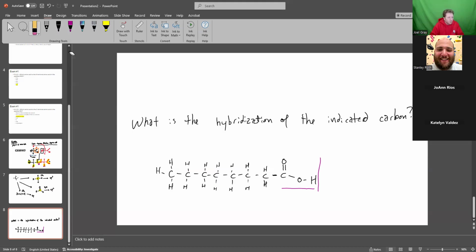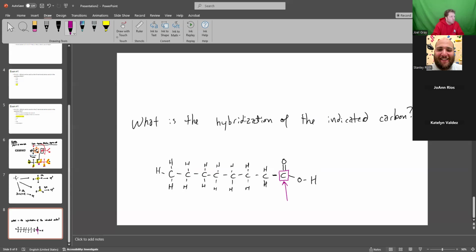Okay. So I'll give you the structure, but I haven't asked the question yet. I will put a box around the carbon that I'm interested in you guys telling me about.